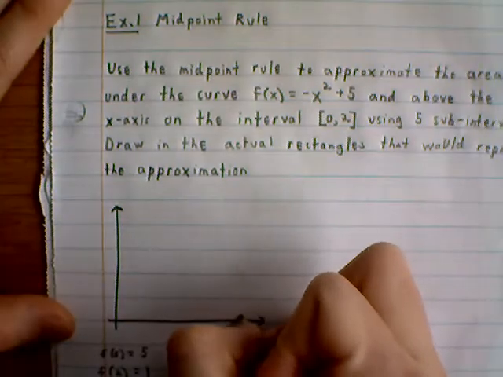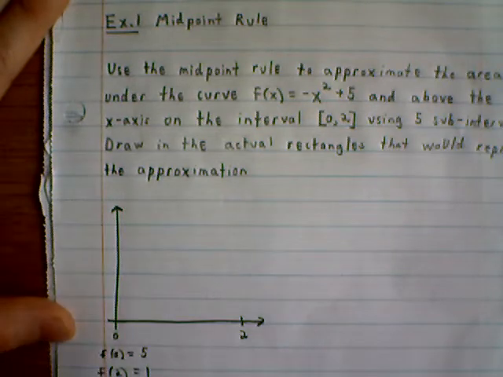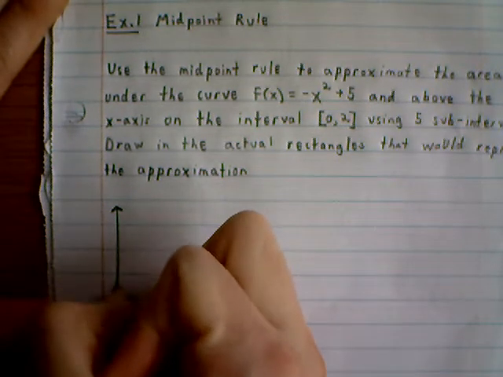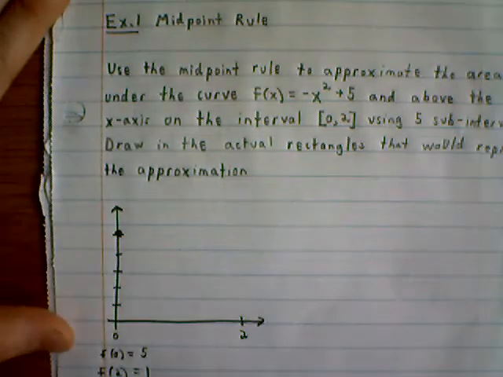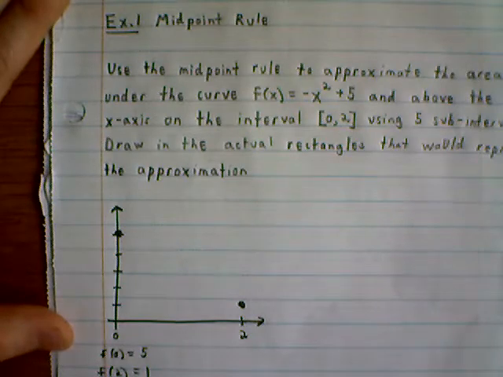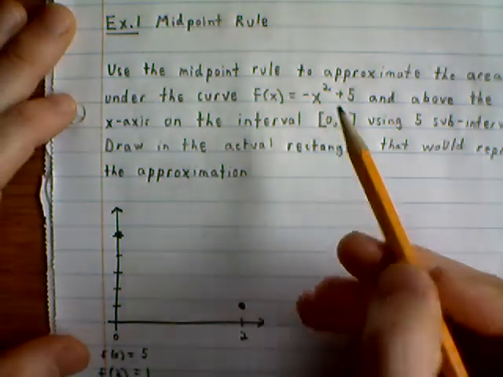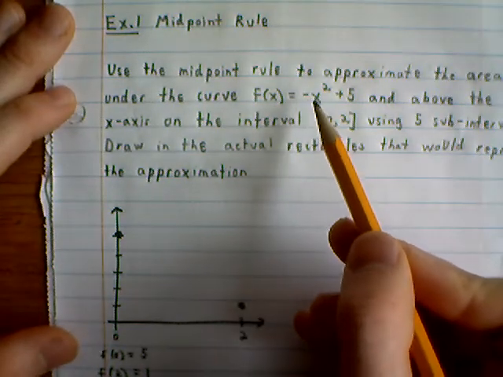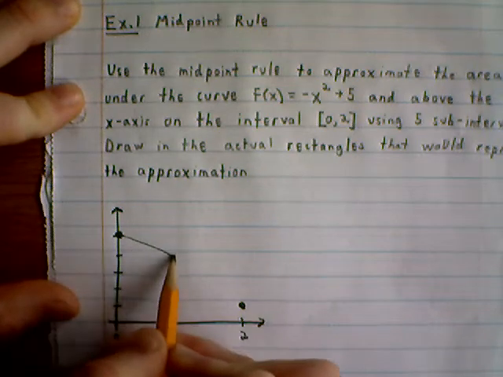So my interval goes from 0 to 2. f of 0 is 1, 2, 3, 4, 5. f of 2 is 1. I know that this parabola is concave down because I have negative x squared plus 5, so we can go ahead and sketch our curve.